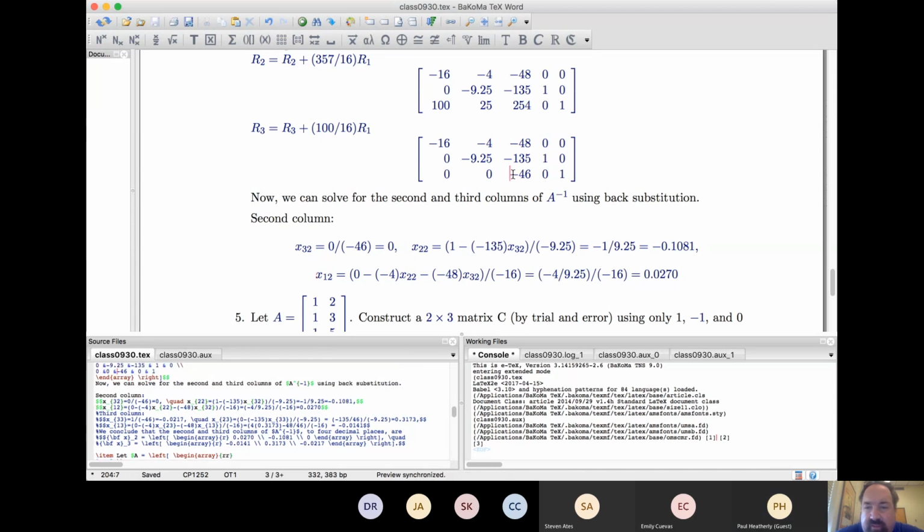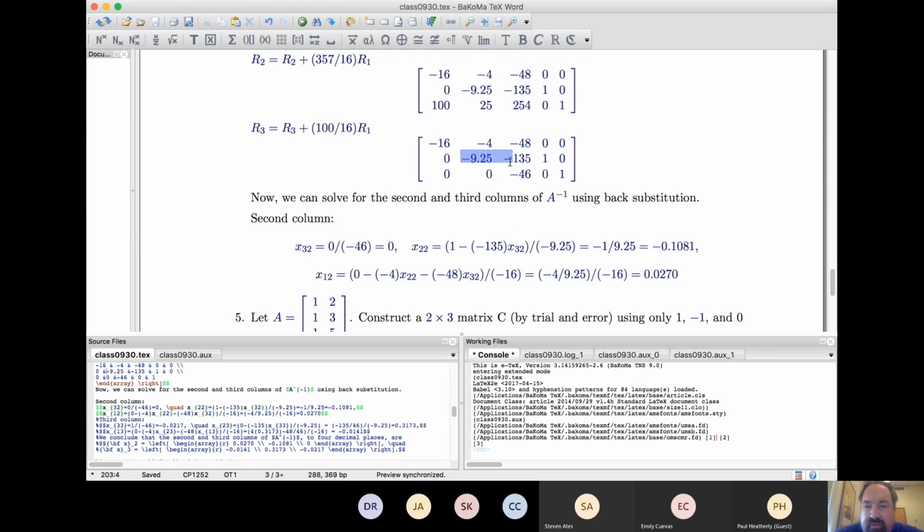So for this equation, for the third element, I'm going to have 0 divided by minus 46, so that element will be 0. Then for the second element, I'm working with this row. So I have my right-hand side value minus this element times x32, but that's 0.